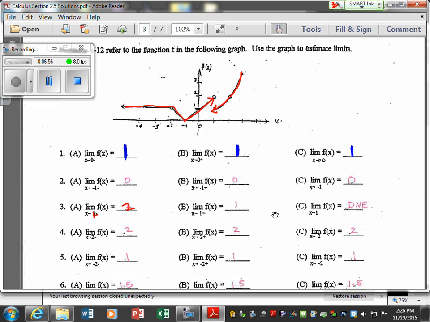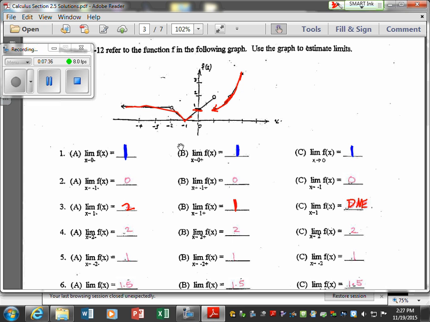X approaches 1 from the right, so we pick back up, and that's 1, from the right. I'm skipping them so I confuse myself for a minute. 1 from the left is -2, 1 from the right is 1. The left-hand limit and the right-hand limit do not match, so the limit does not exist.